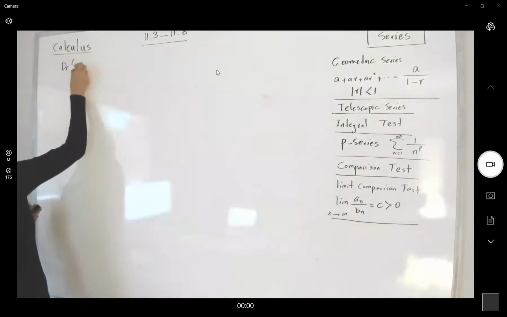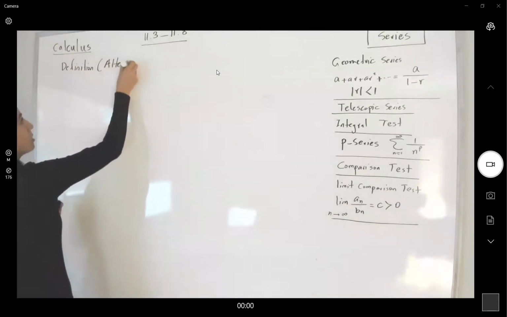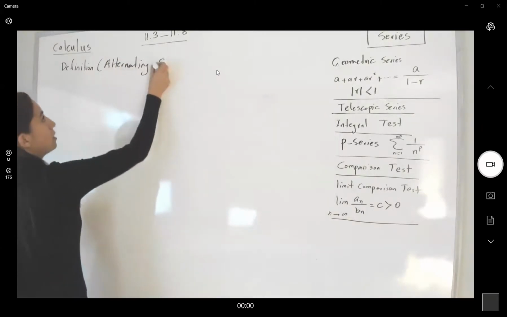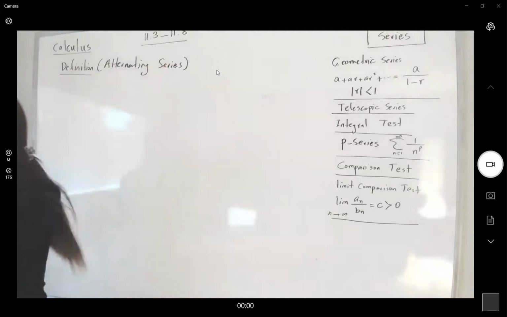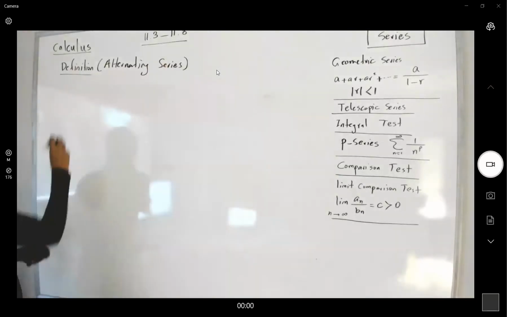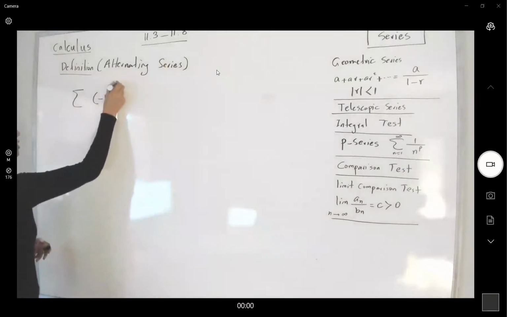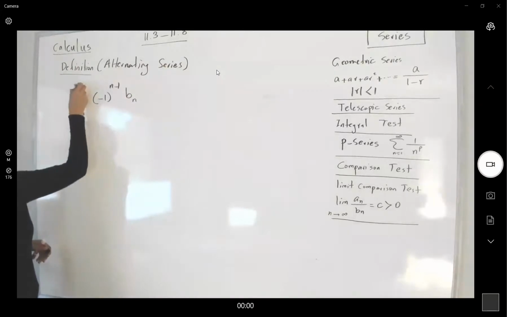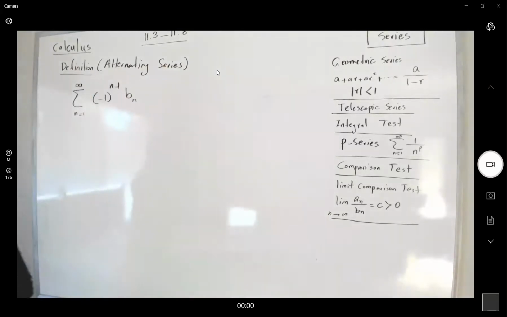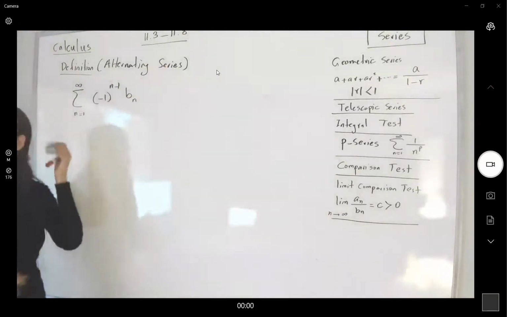Definition of alternating series: if you have a series like the sum of -1 raised to n minus 1 times b sub n, n from 1 to infinity, this series is called an alternating series.